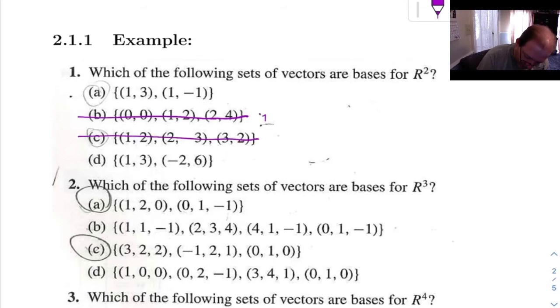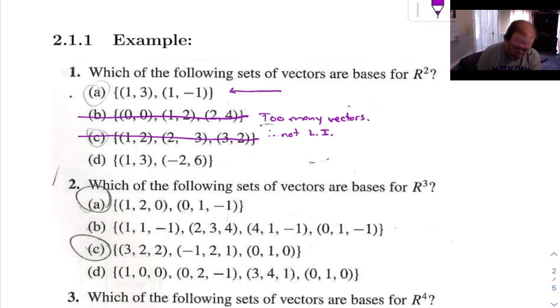These have too many vectors, and therefore are not linearly independent. Now these others, in R2 it's actually really easy to look at and tell. This one right here, we've got two vectors and they are linearly independent.